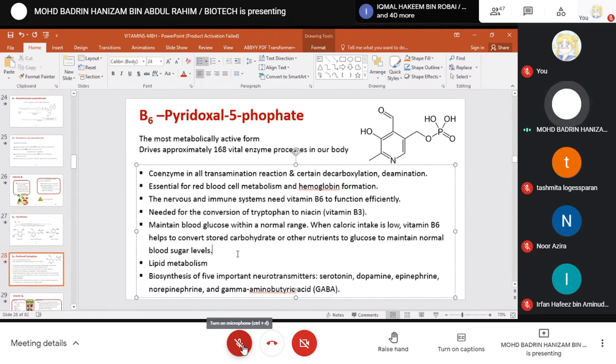Biosynthesis of 5 important neurotransmitters: serotonin, dopamine, epinephrine, norepinephrine, and gamma aminobutyric acid. These important neurotransmitters require vitamin B6 in order to be synthesized, so you can imagine B6 is very important.